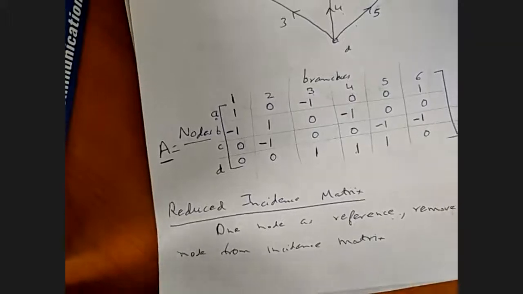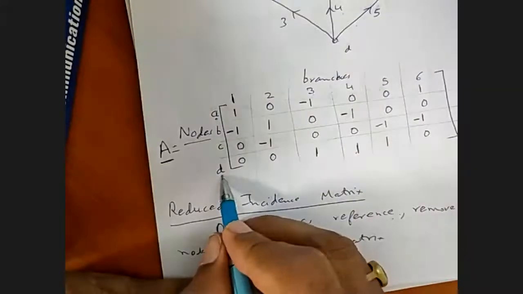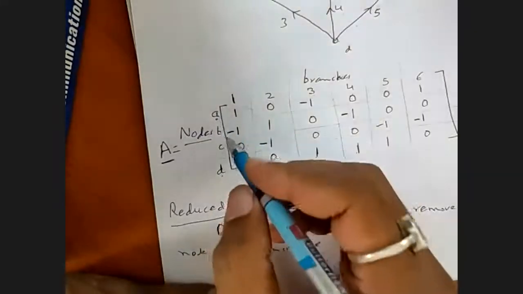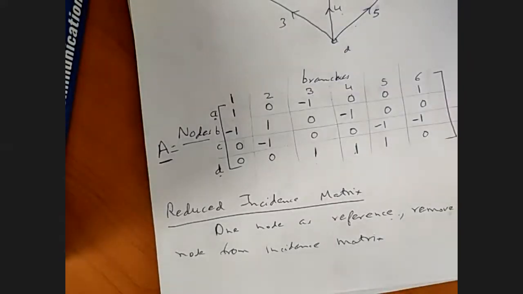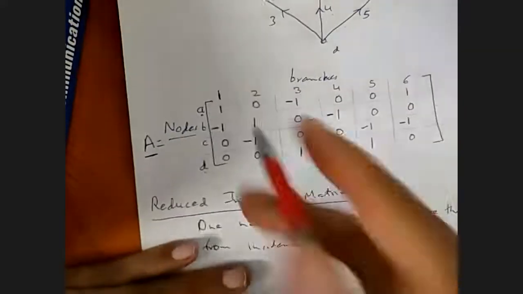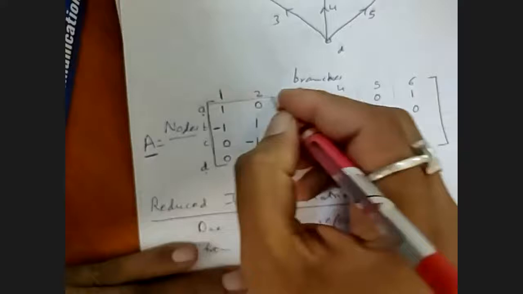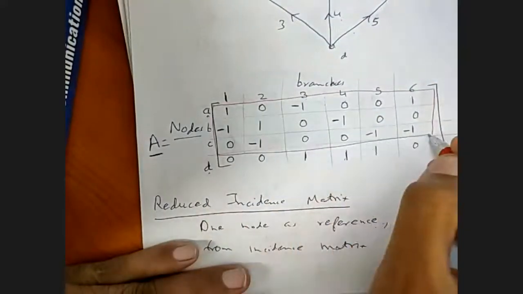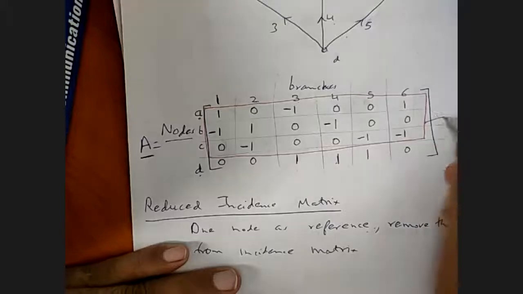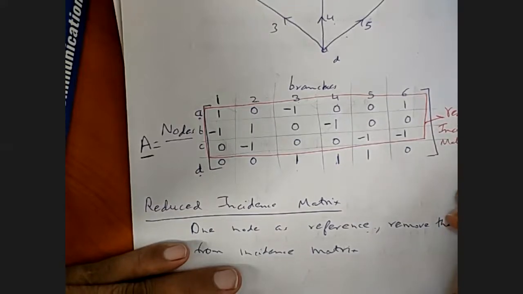So suppose we take D as the reference, then you will be having only this. This is your reduced incidence matrix.